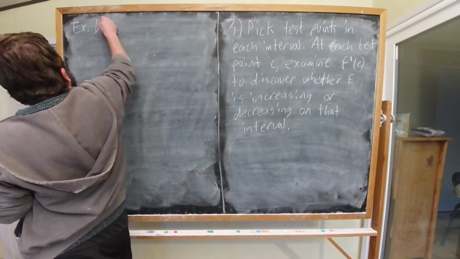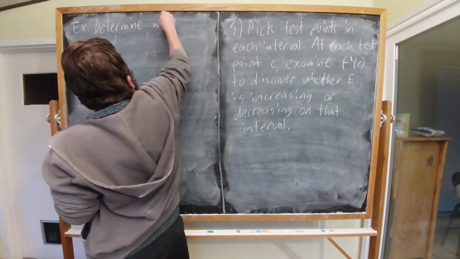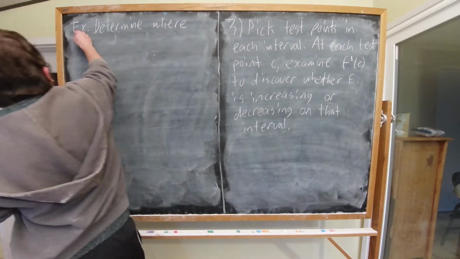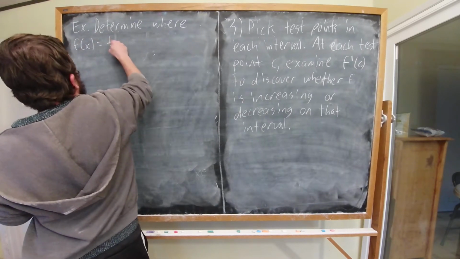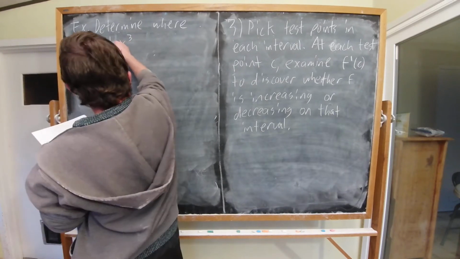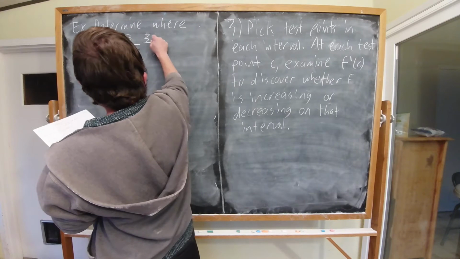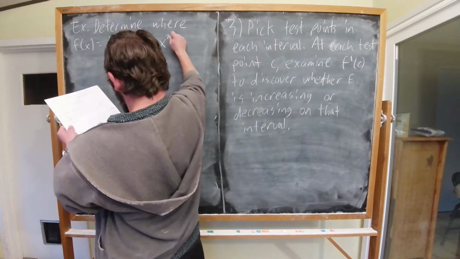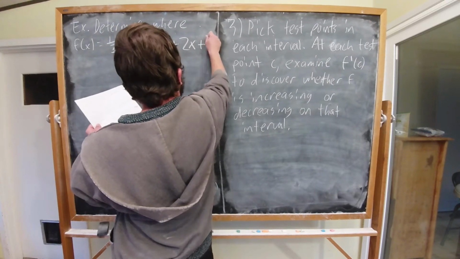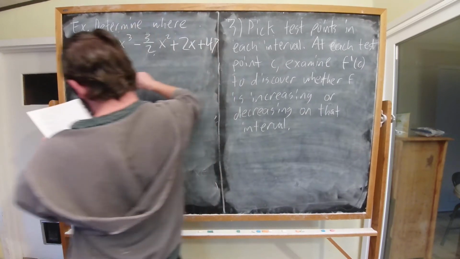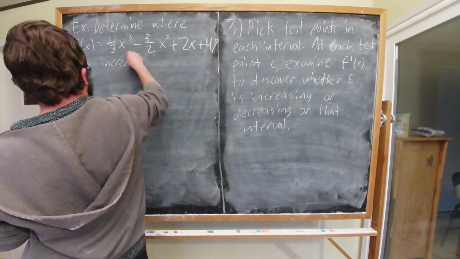Let's determine where f of x equal to 1/3 x cubed, it's 1 over 3 x cubed, minus 3/2 x squared plus 2x plus 47 is increasing or decreasing.